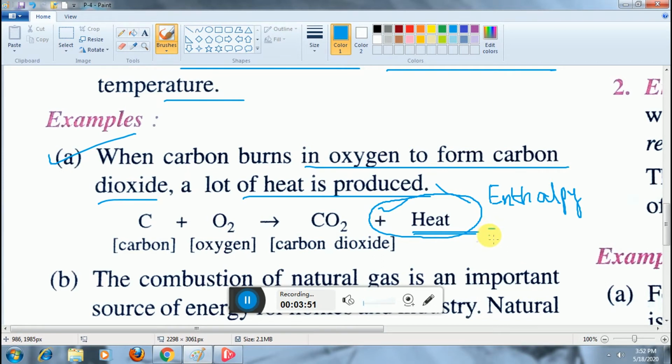This enthalpy for these exothermic reactions is negative, but here the heat is positive.